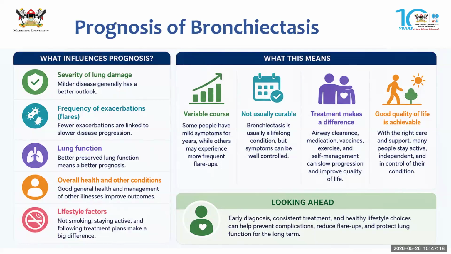Lung function, Adrian talked about needing to do spirometry, because if you just target their airways and cough and all that, and you forget that actually they might also have probably very severe COPD, a very bad exacerbation can actually take them. And then you also look at the overall health of the patients.